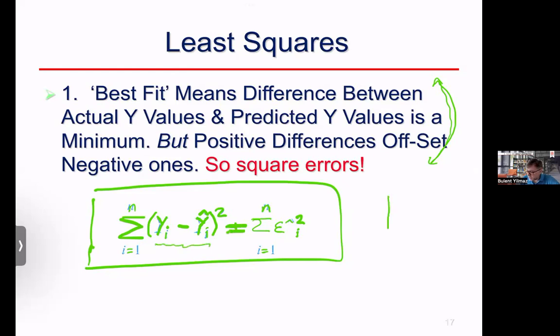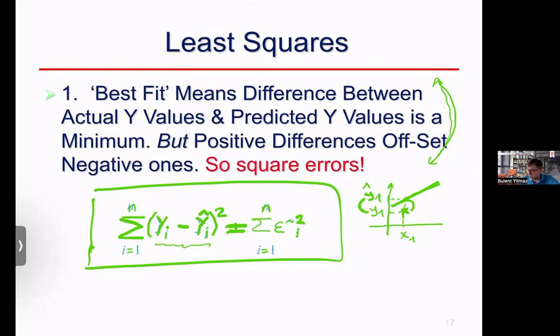We said that here is my point, and here is my prediction, and there will be an error between them. This is my x1, this is my y1 actual data, and this is x1, and this is y1 hat. This is something that I found from my prediction equation. And then I'm going to find out the error between these two.